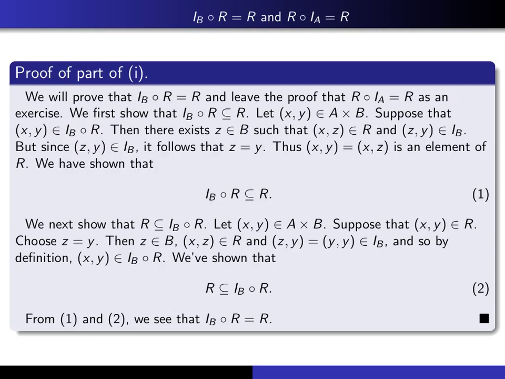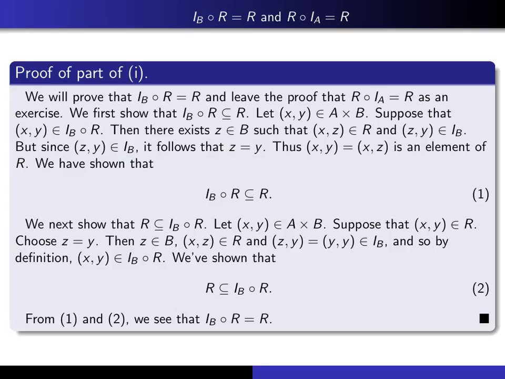It means that there exists this linking z, this z in B, such that xz lies in R and zy lies in IB. That's the working definition of composition. Now what does it mean to say that something lies in IB? It means both components are the same. So I say, since zy is in IB, it follows that z is equal to y.